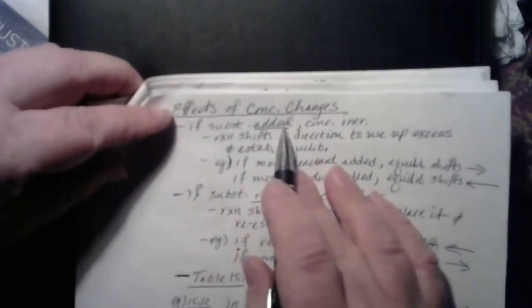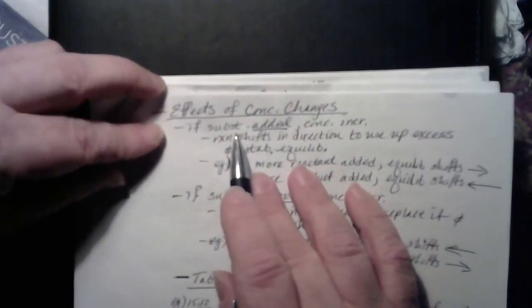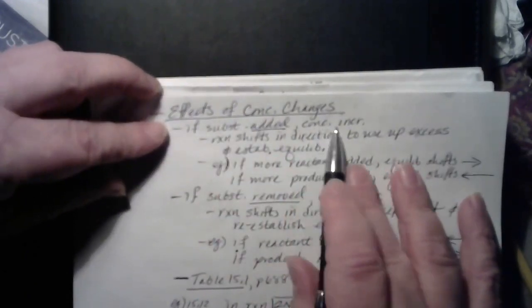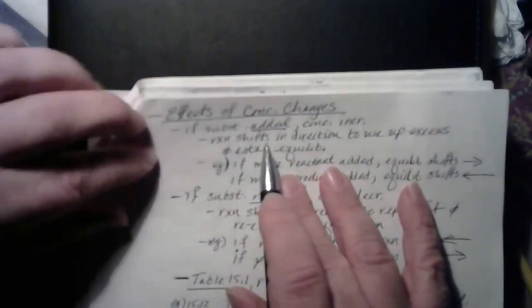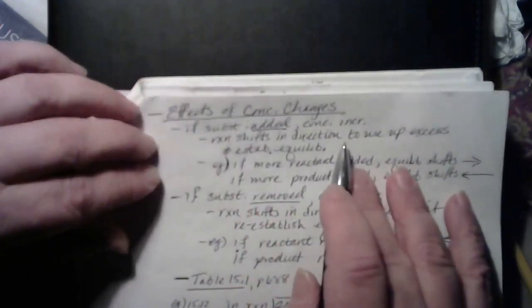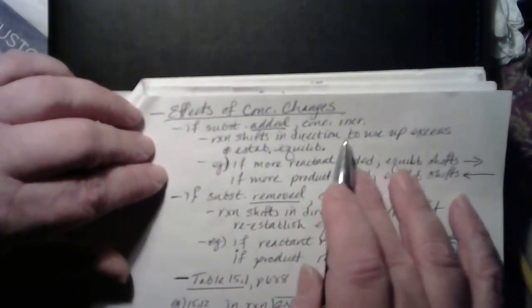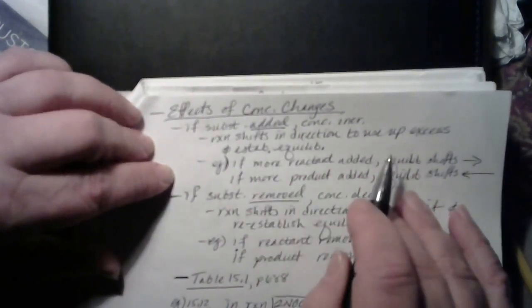Okay, the effects of concentration changes. If a substance is added to a reaction mixture, that's equivalent to increasing its concentration. The reaction will shift in a direction away from the thing that you just added in order to reduce the excess concentration and reestablish equilibrium.